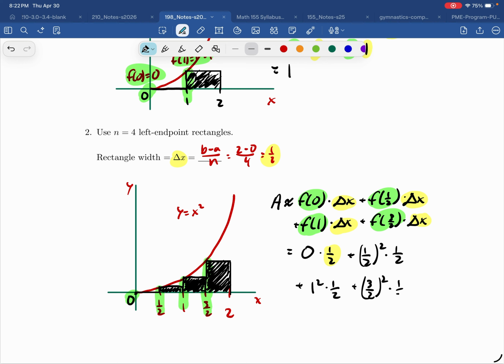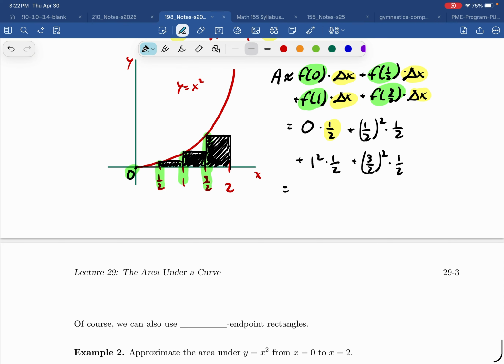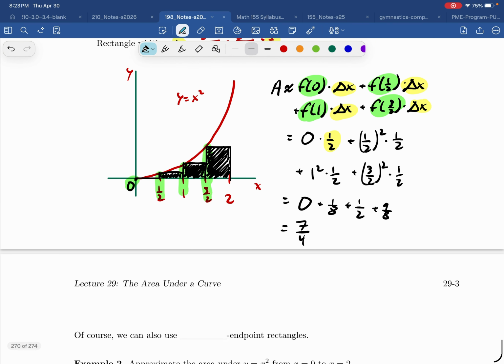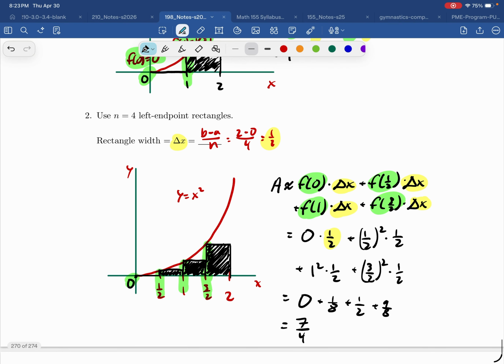And when we work this all out, we get 0 plus 1/8 plus 1/2 plus 9/8, and that's 10/8 plus 4/8, 14/8, which is 7/4. Okay, still an underestimate, but definitely closer. Before we had 1, now we have 7/4.